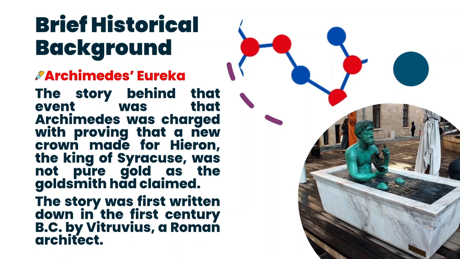After much thought, Archimedes finally discovered the answer while bathing, realizing how water displacement could reveal the crown's true composition. That brilliant moment, his expression Eureka, became one of history's most celebrated breakthroughs. This was first recorded by the Roman architect Vitruvius in the first century BC.